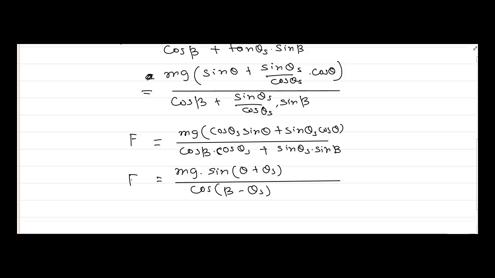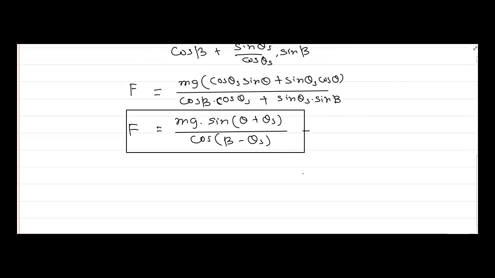This will be F, and we get this equation for F, the way we got for motion down an inclined plane: mg sine theta plus theta s upon cos beta minus theta s.